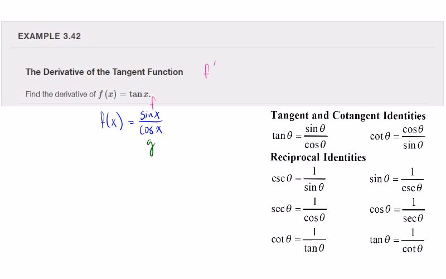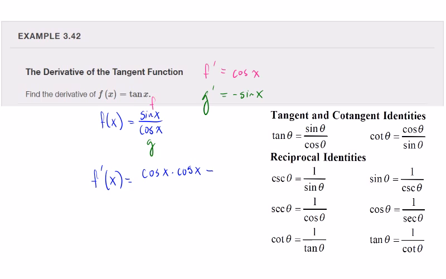The derivative of our numerator function is cosine, right? The derivative of our denominator function is negative sine. And so now we can just use the quotient rule, right? So f prime of x would be f prime, cosine, times regular g, all right?